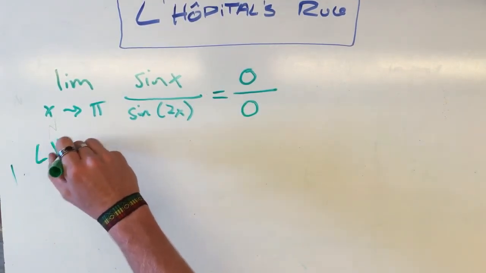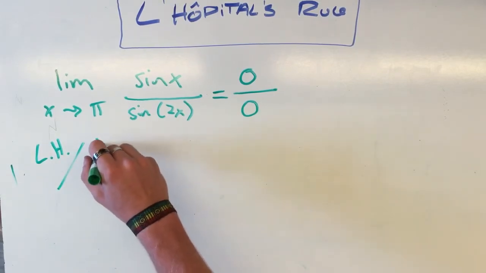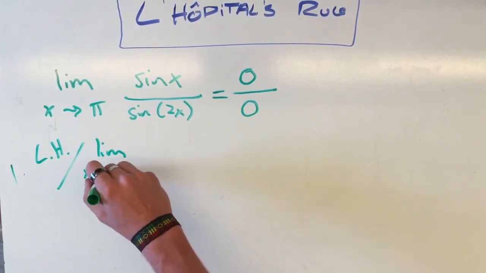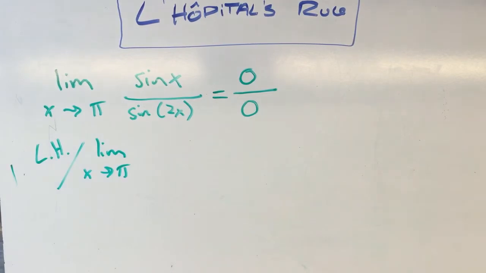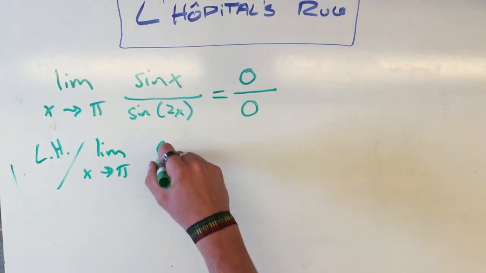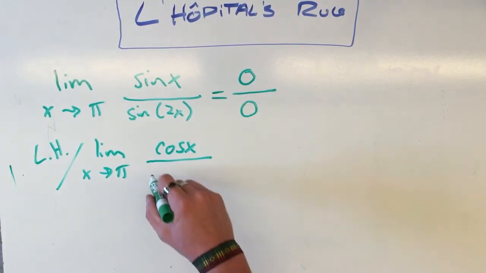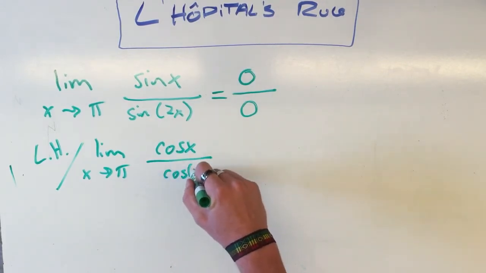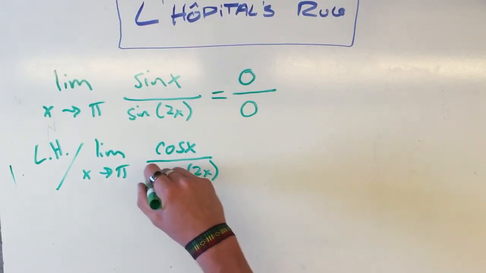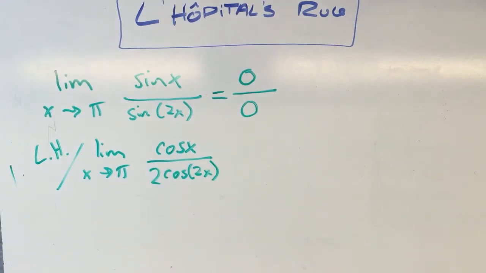Making a note, and proceeding with the limit as x approaches pi of the derivative of the top, that is cosine x, over the derivative of the bottom, that's cosine 2x, but do not forget the chain rule and put a 2 out front.